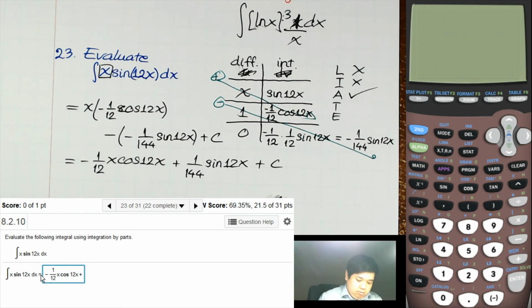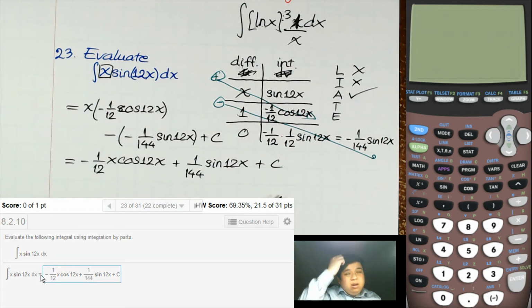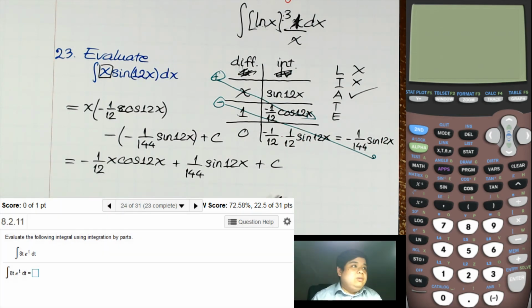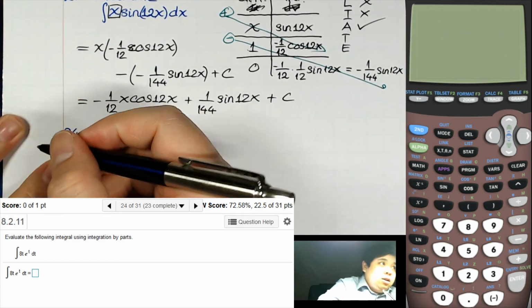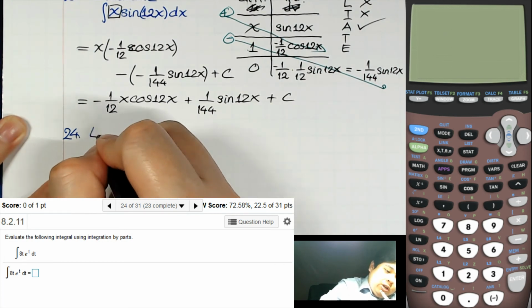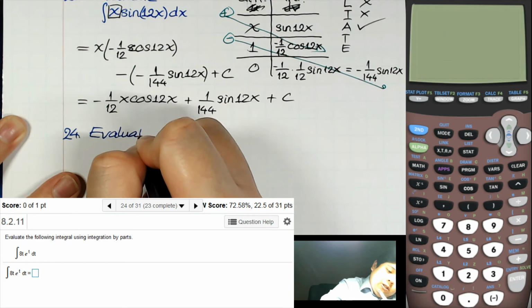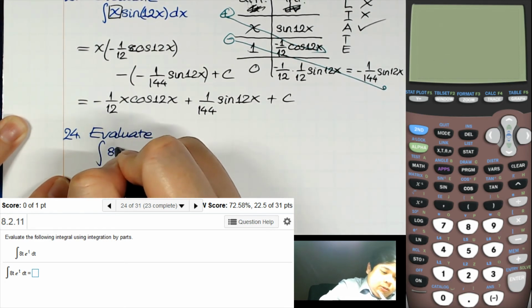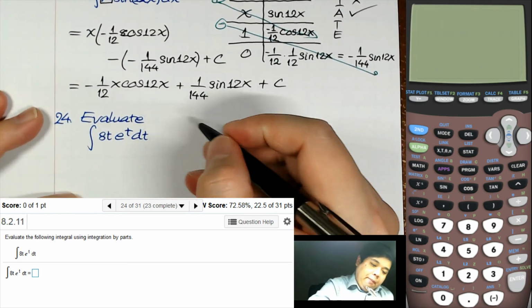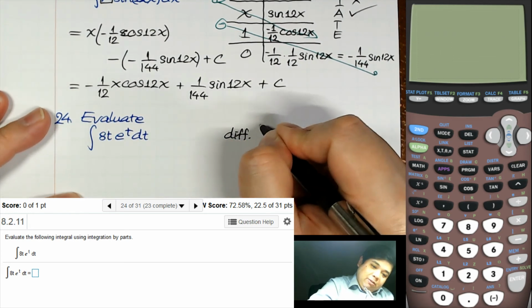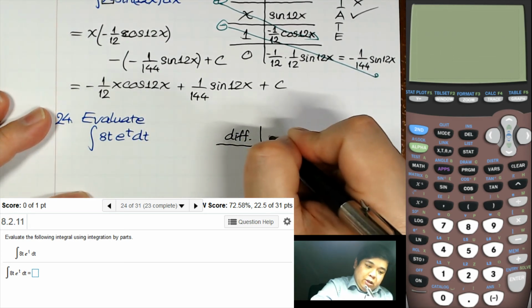This is also integration by parts. To be differentiated, to be integrated.